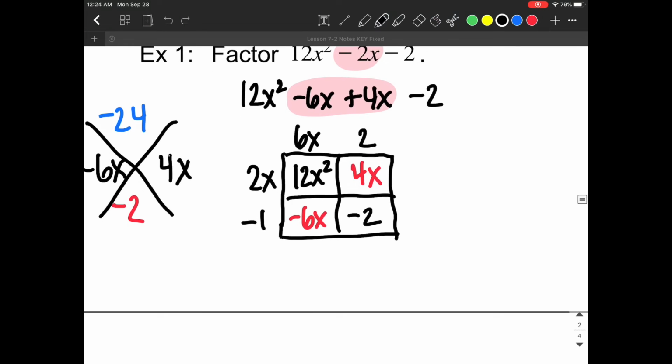And it's just guess and check in the area square. Eventually you'll become so good at it that you don't even have to guess and check, and you can automatically see what it's going to be. But right now, I know that these are my two parentheses in factored form. So I have 2x minus 1 times 6x plus 2 as my answer.